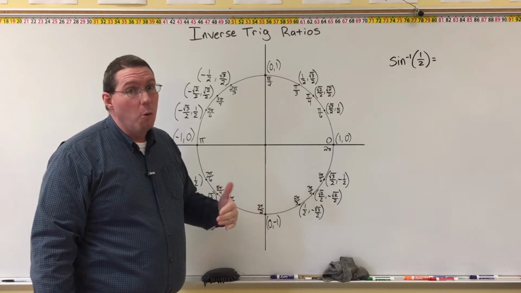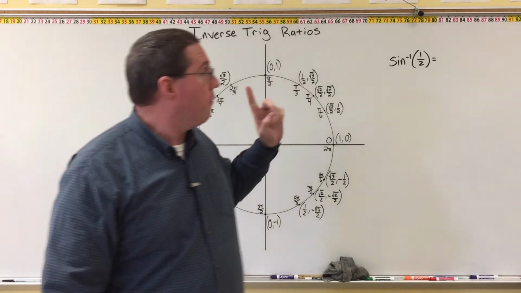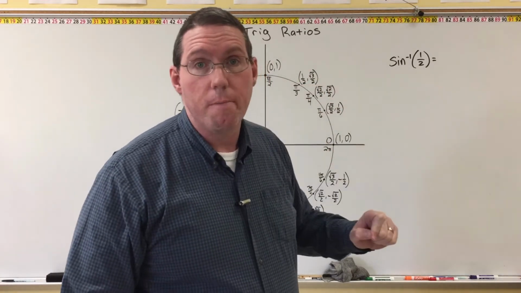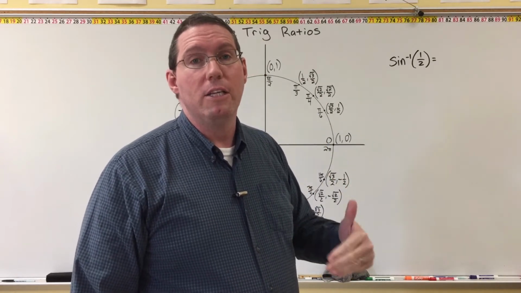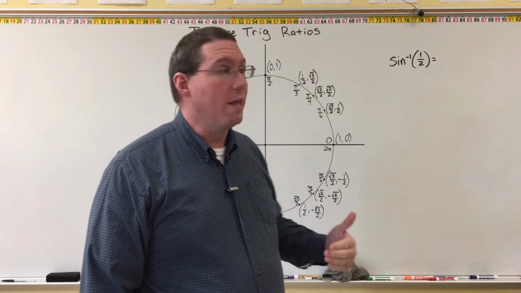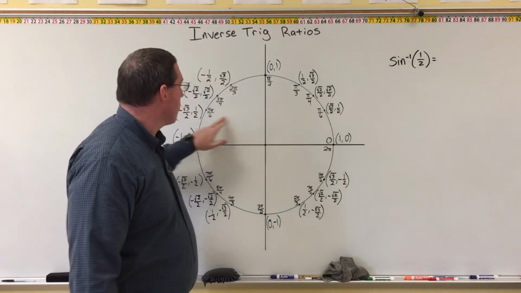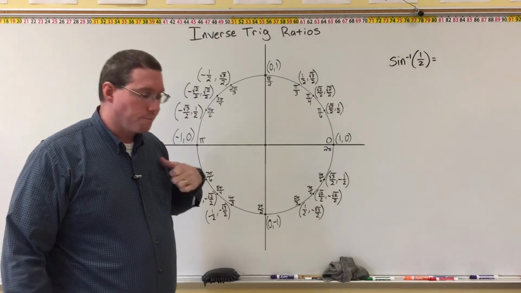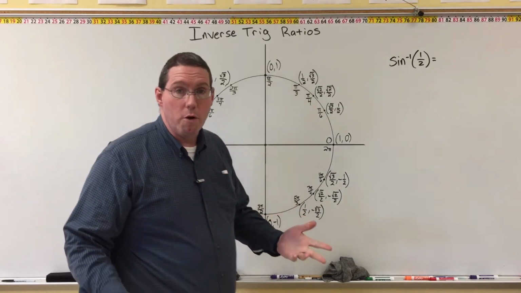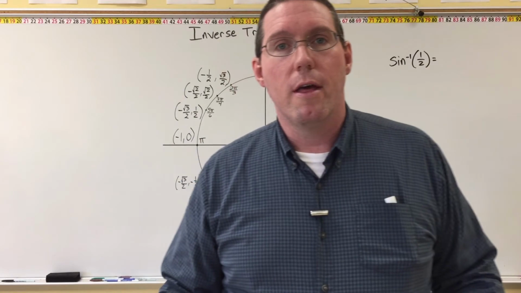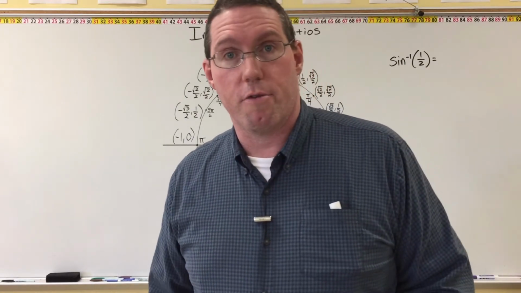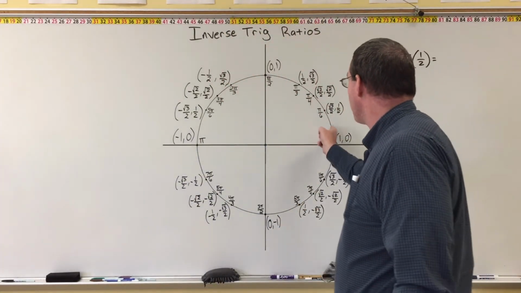Well, in math, we usually don't like that, especially if we want to turn this into a function. We need to have only one output value for each input value, and therefore we can't have two answers for the same question. I'm going to make it even worse. If we were to throw in coterminal angles, there would be even more answers, because can't we go around the circle?